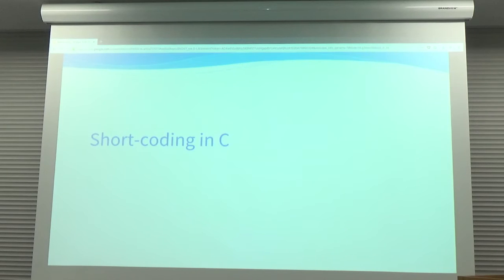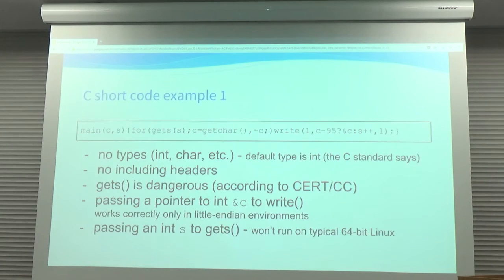Let's see some examples of short code in the C language. The first example is here, and you can see no types like int or char, because the default type is integer in the C standard.